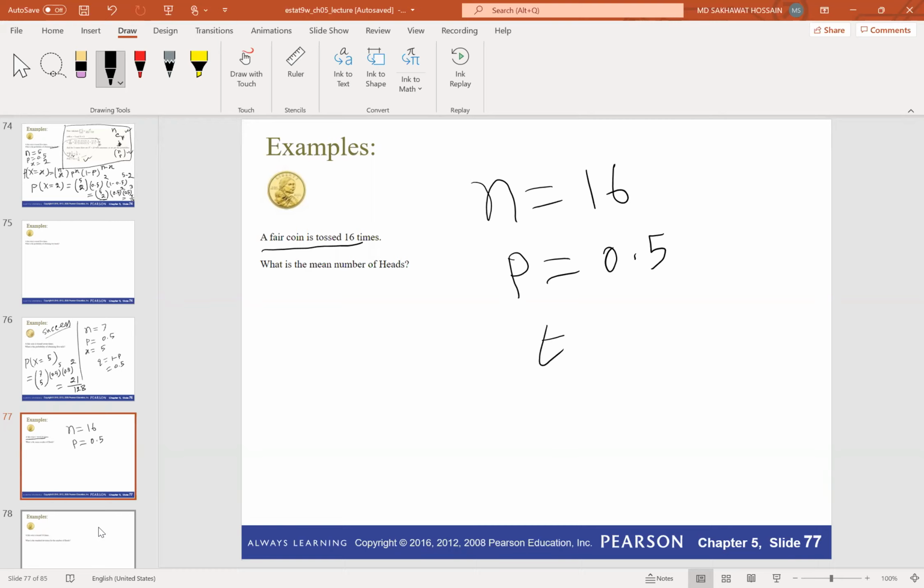Mean means expected value. We want to find the expected value of X, or you can say mu. So what is the value of mu?